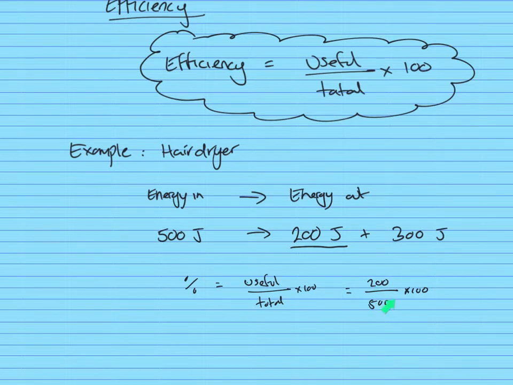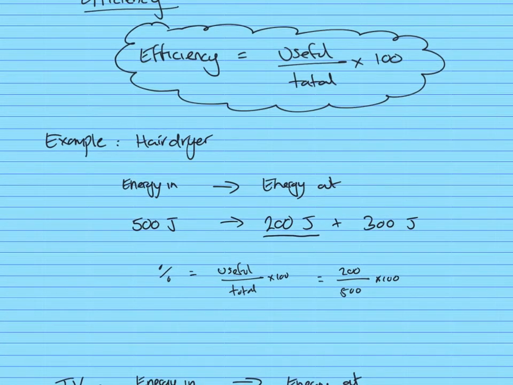You're going to get a number and then times it by 100. Because if you start typing it all in, it can get a little bit muddy. This is going to come out to be 40% efficient, I think. Let me just check that. Yes, 40% efficient.